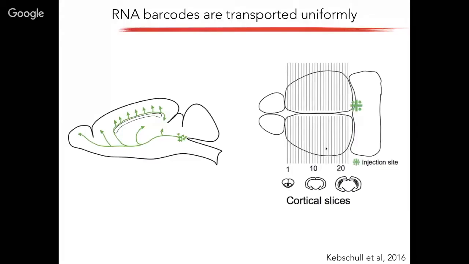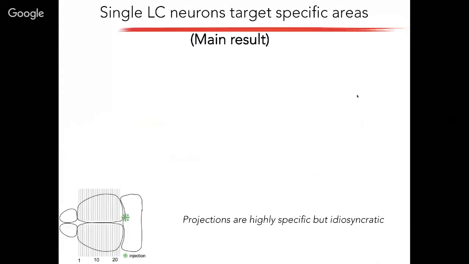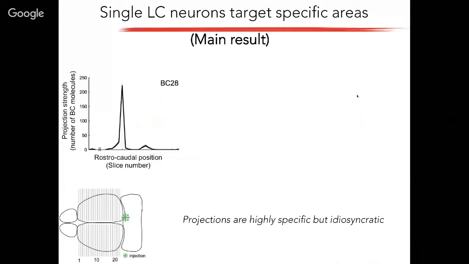And the way the experiment goes is we inject in the locus coeruleus, that cross in the back there, and then cut the brain into slices. And then we extract the RNA from each of the slices and figure out which barcodes appear in each of those slices. And then we can demultiplex that and we can get a picture that looks like this, for example.